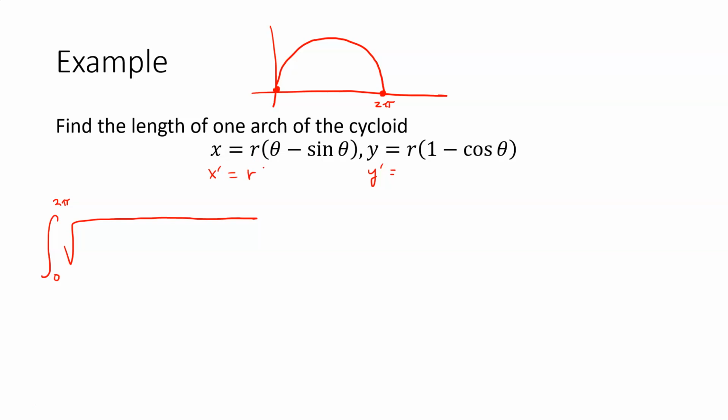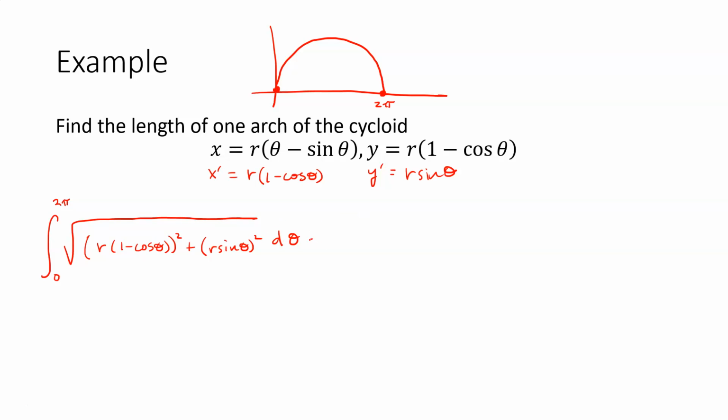X prime will be r times 1 minus cosine theta. Y prime will be r sine theta. So we'll put those values in. We've got r times 1 minus cosine theta squared plus r times sine theta squared.